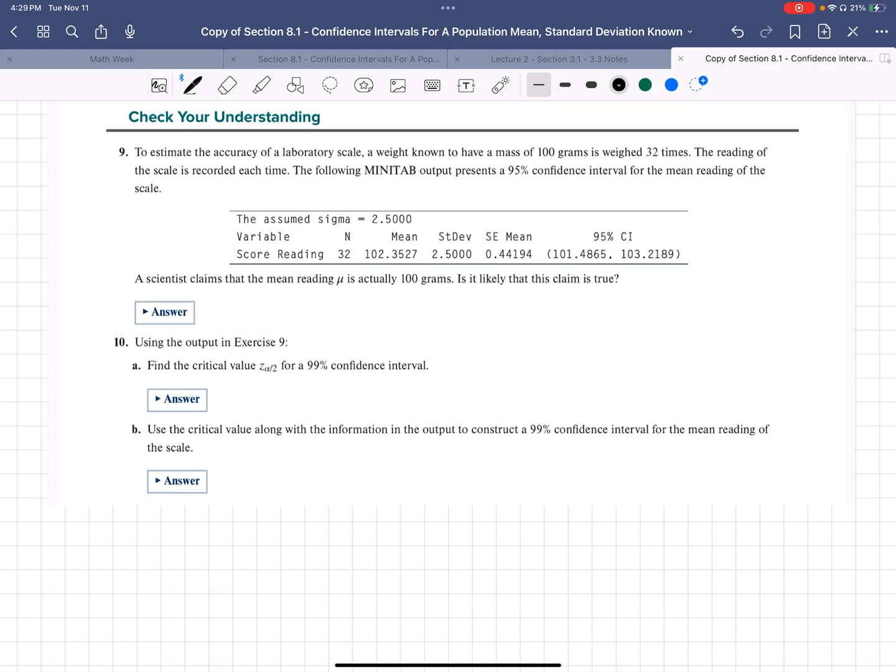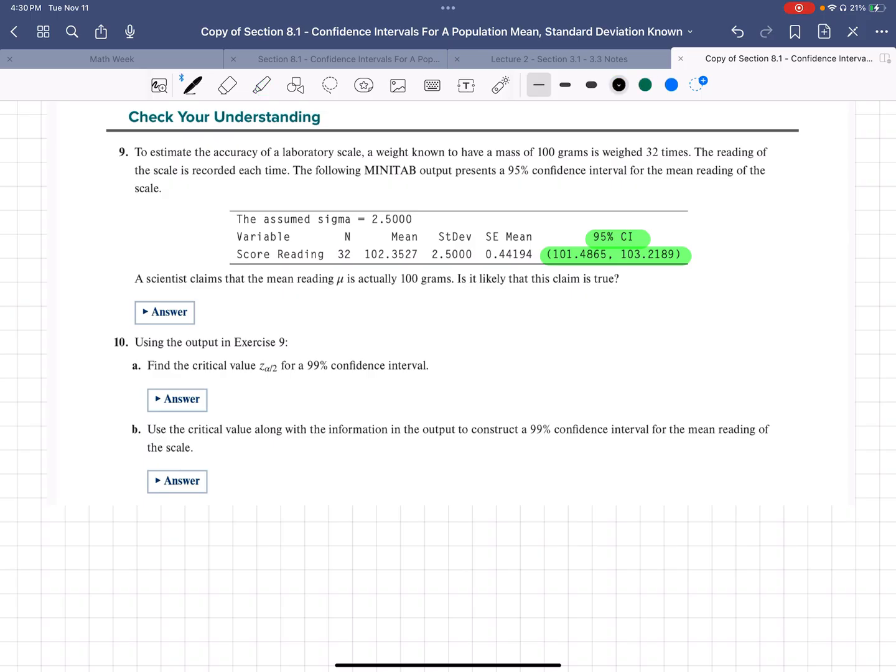Then we have our confidence interval. Look, it tells you your confidence interval, guys. 95% confidence interval, and that's going to go from 101 to 103. And it says that the mean reading is actually 100 grams. That is not true. Is it likely this claim is true?